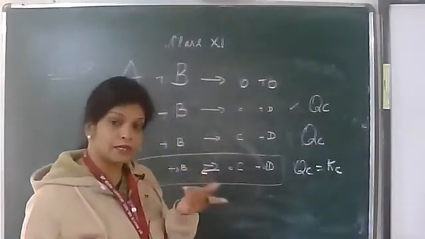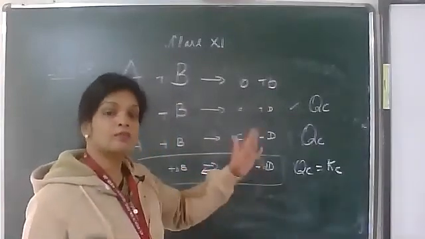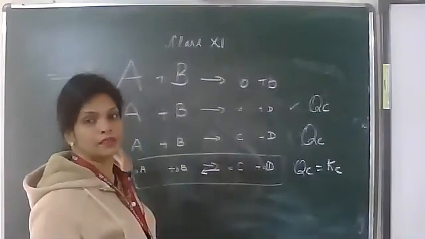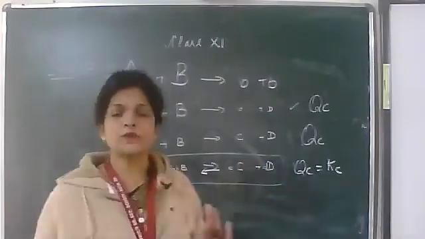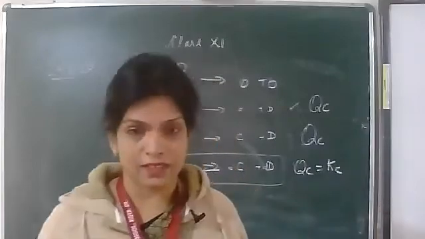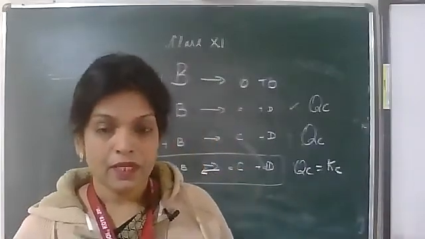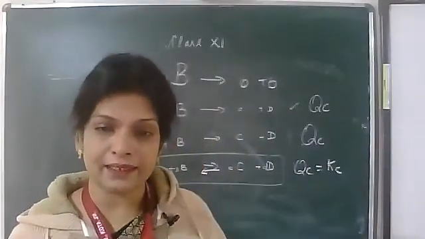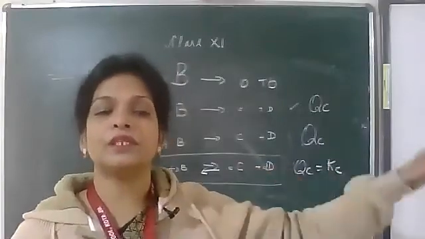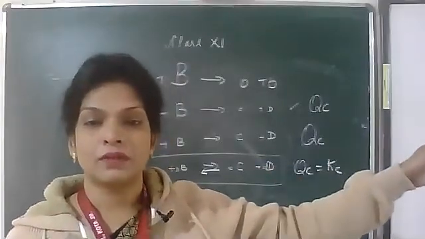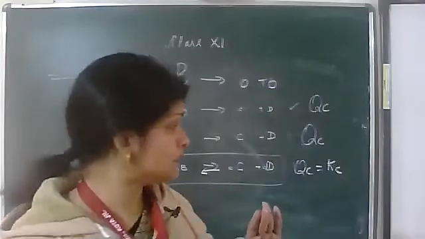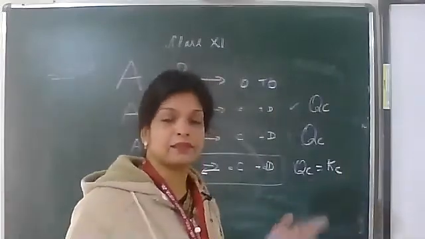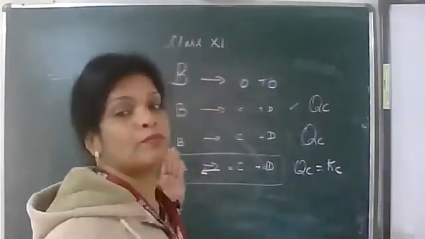So Qc will try to reach Kc by how? By moving towards the backward direction. Anyway, Qc will try to reach Kc. If Qc is less than Kc, the reaction will proceed in the forward direction. If Qc is greater than Kc, then the reaction will proceed in the backward direction.